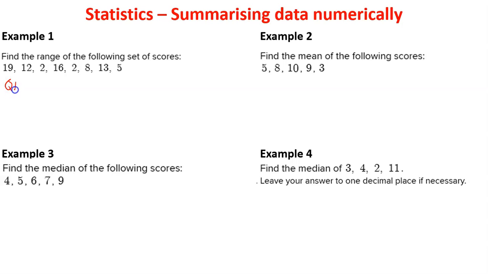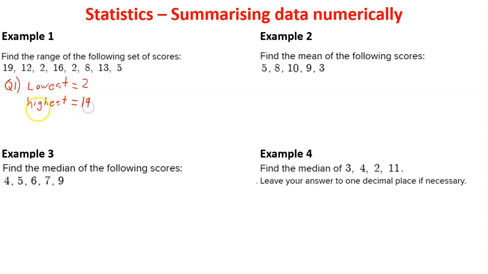Well, in this case, I'm just going to call it question 1. And I'd select what is my lowest value. So I've got my lowest. In this case, my lowest value is 2. I'd then find the highest value, and my highest value in this case, if I have a look, is going to be 19.